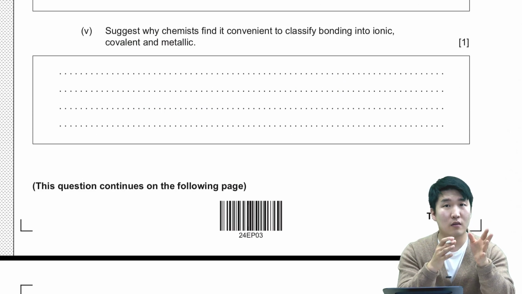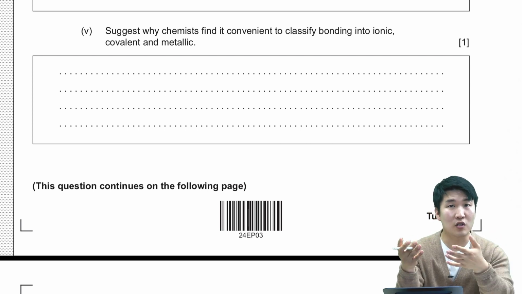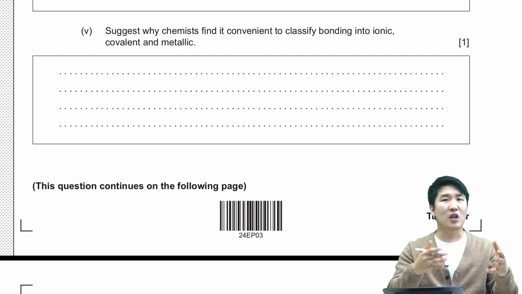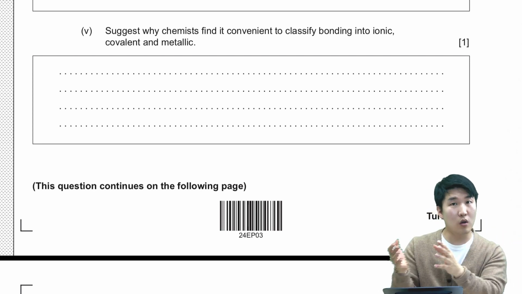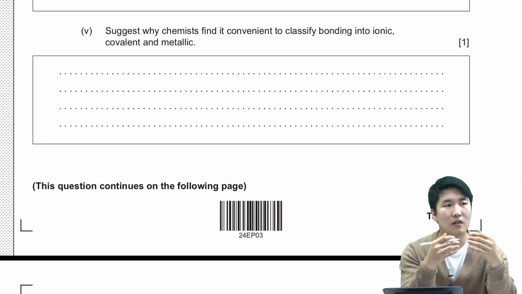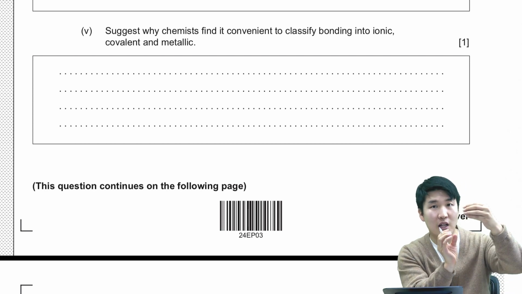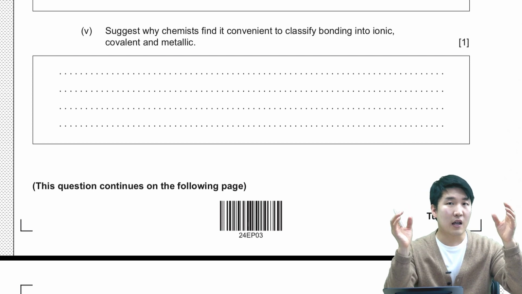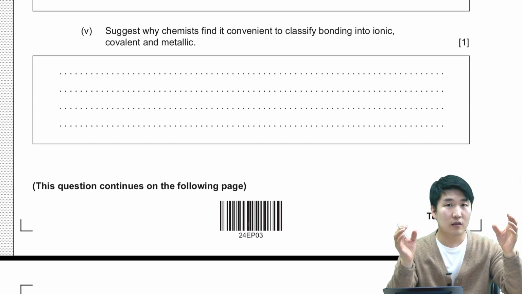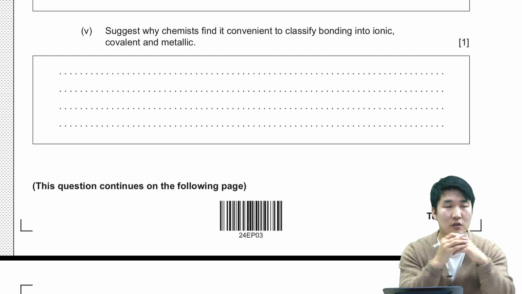Classify bonding into 3 types: ionic, covalent, versus metallic. Different substances have different bonding nature. All of them are electrostatic attraction in nature, but between what and what is different. Ionic: cation and anion. Covalent: shared pair of electrons and the surrounding nuclei of the bonding atoms.